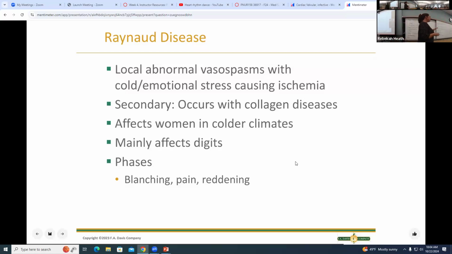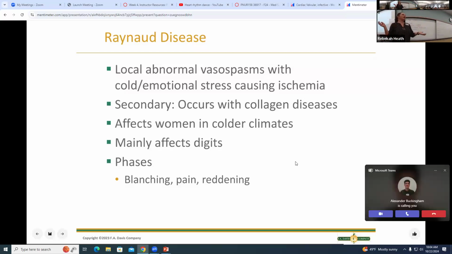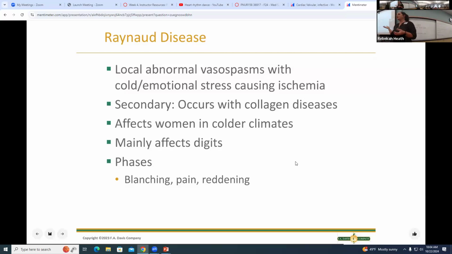We're not honestly 100% sure with Raynaud's. We think it's probably some autoimmune components. It's fairly common. I usually have one or two of my students in each cohort who have Raynaud's or have somebody in their family with Raynaud's. So you have these vasospasms. The blood vessels start spasming for various reasons.